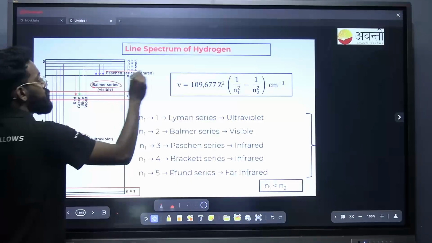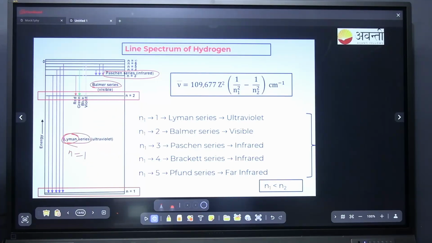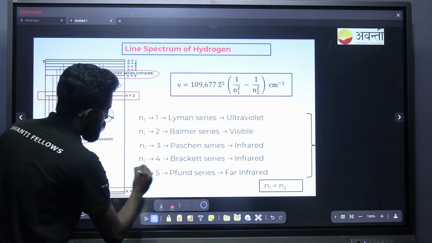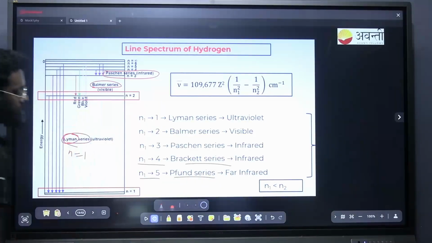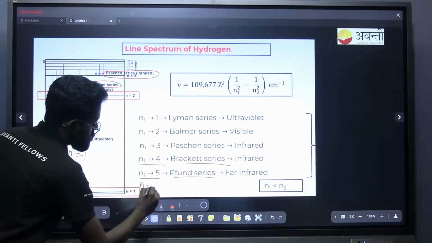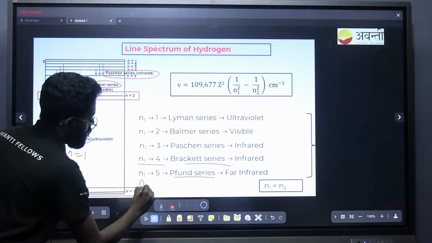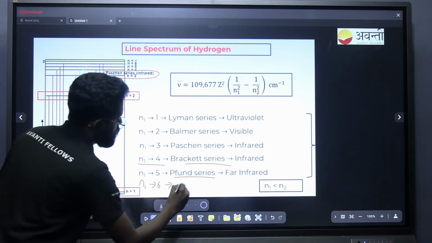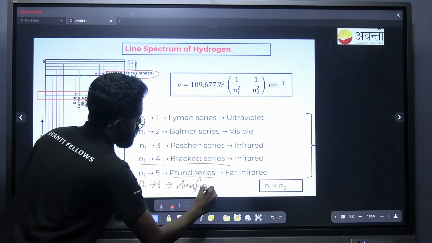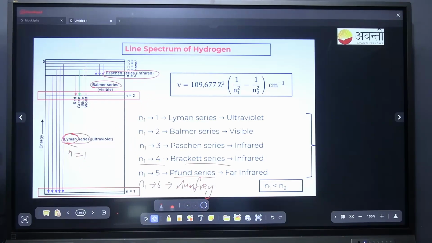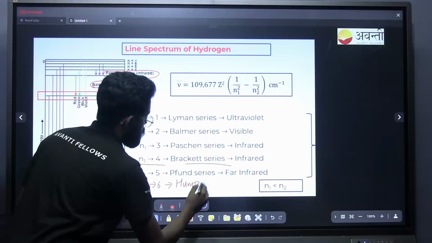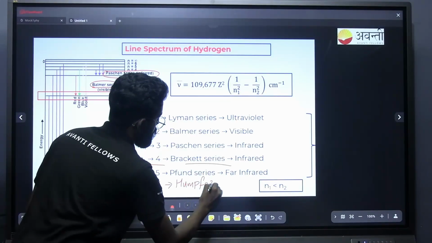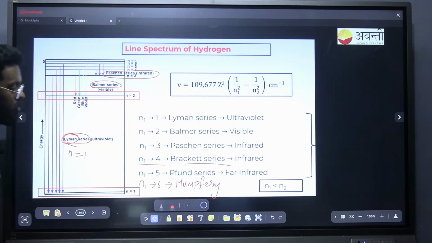And if it is n is equal to 3, it is Paschen series. And n is equal to 4, Brackett series. N is equal to 5, Pfund series. And n is equal to 6 also we can write, it is Humphrey series. Okay, so this is about the hydrogen spectrum.